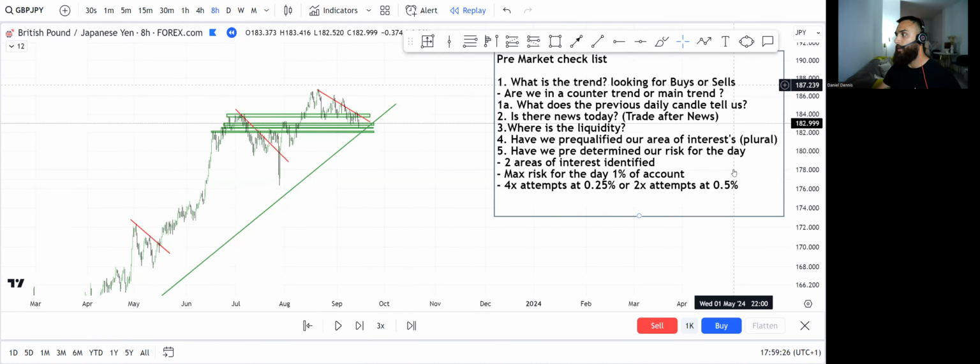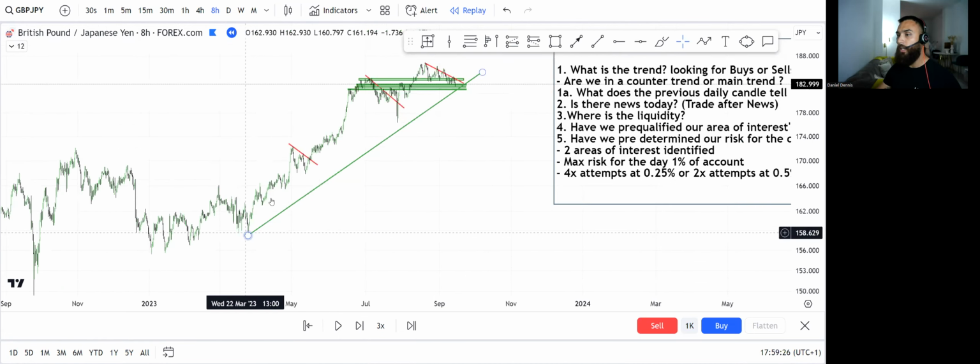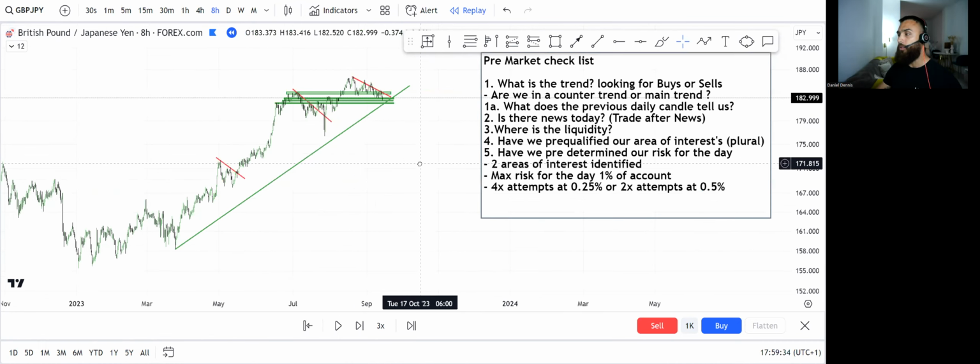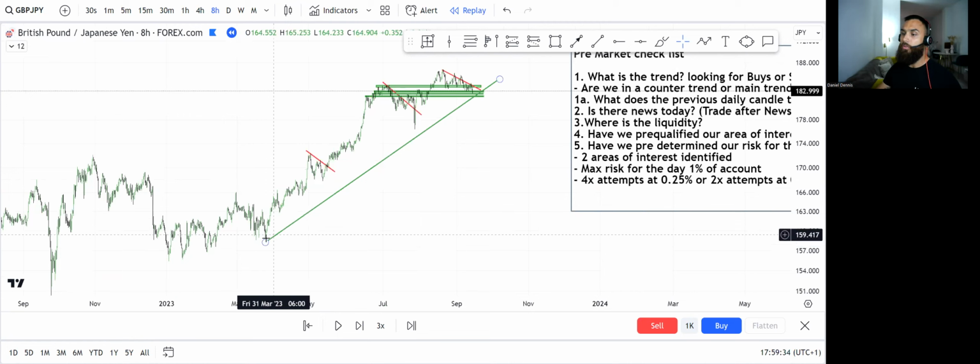And just for the benefit of this video, don't actually take my trend line as an actual trend line for taking entries or anything like that. I've literally just drawn a trend line on the higher time frame, pointing in the direction of the trend, to give you an idea of what's pretty obvious: that we are in an uptrend here.